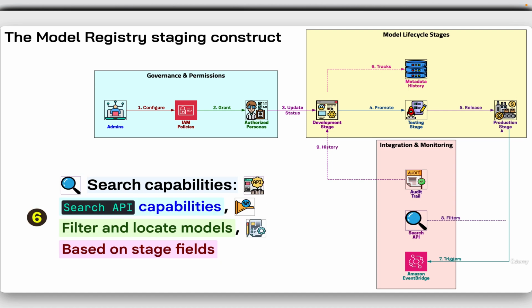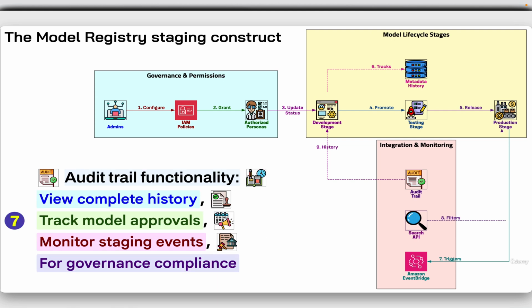The Search API provides capabilities to filter and locate models based on their specific lifecycle stage and status fields. An audit trail functionality allows users to view the complete history of model approvals and staging events for governance purposes.